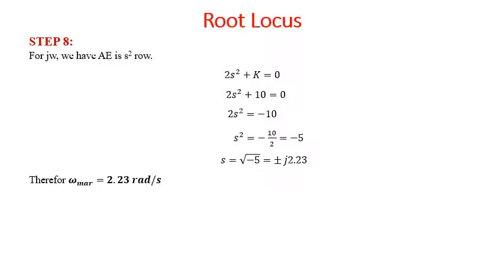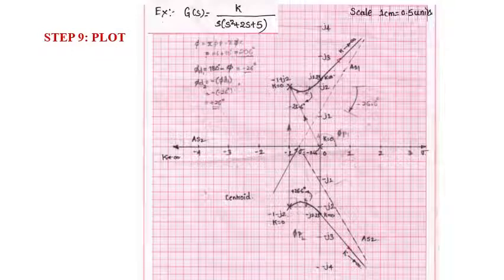Next, we have to plot the root locus. Let's plot the root locus on the graph sheet. The important thing here is that I suggest you take the grid. For the grid, take a scale of 1 centimeter equal to 0.5 units. Then do write the question number on the graph sheet itself.